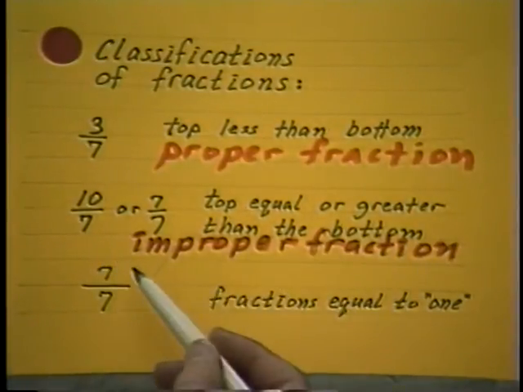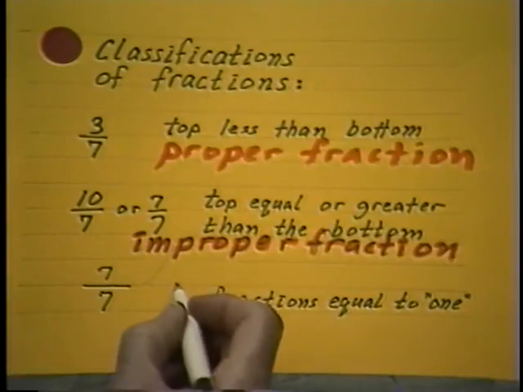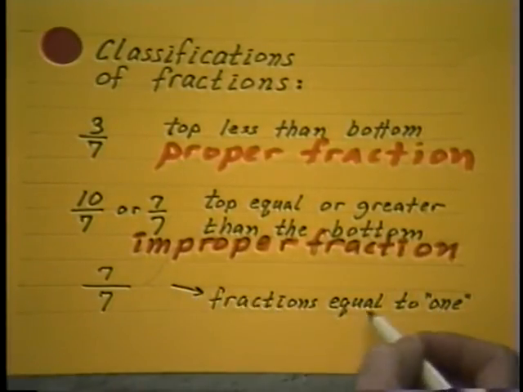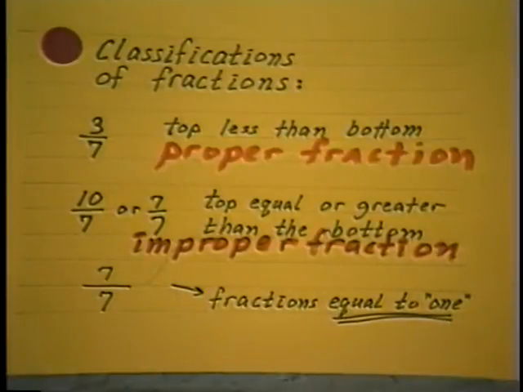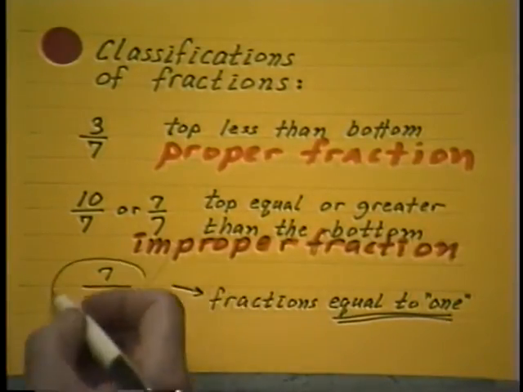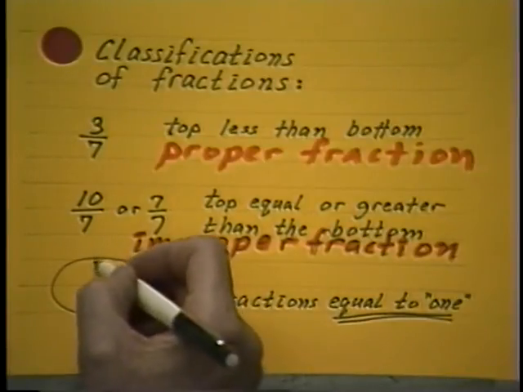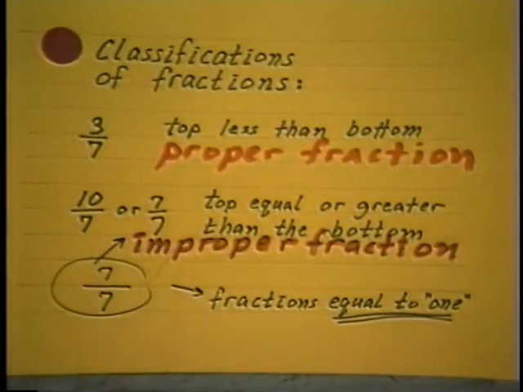And of course, if the top is equal to the bottom, it's also called a fraction that's simply equal to 1, a whole number. Notice that this whole number 1 fraction is also an improper fraction.